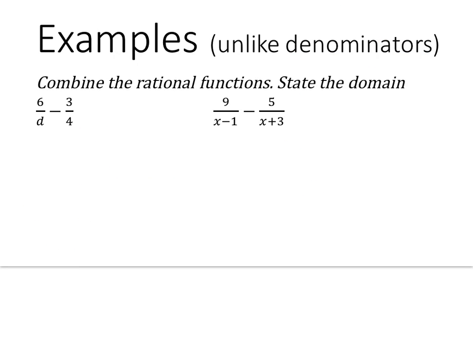Now, if your denominators are not alike, as you see here, I have d for my first denominator and 4 for my second. What you need to do to get common denominators is multiply in what's missing. So if my first denominator has a d in it, that means my second denominator also needs to have a d in it.